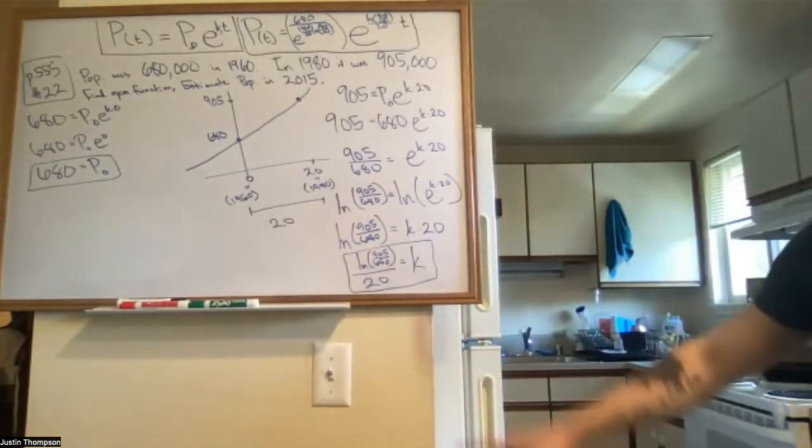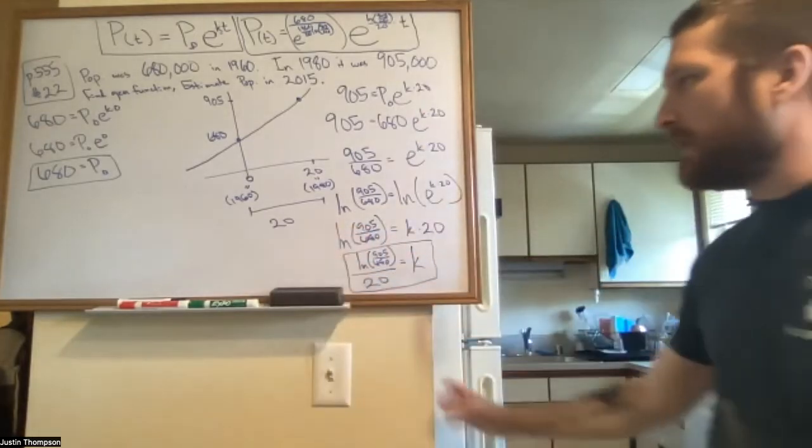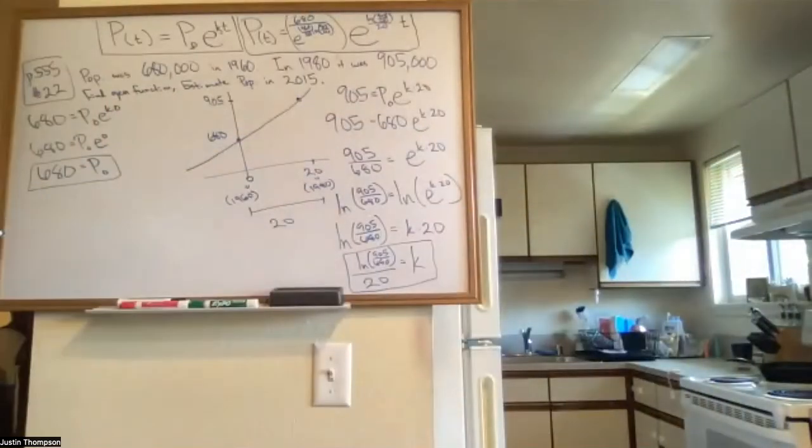And so we found K. We found P0. We could write our equation.